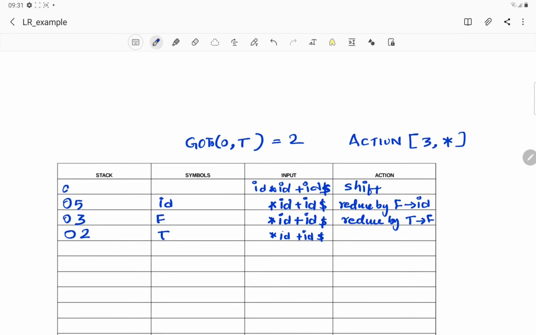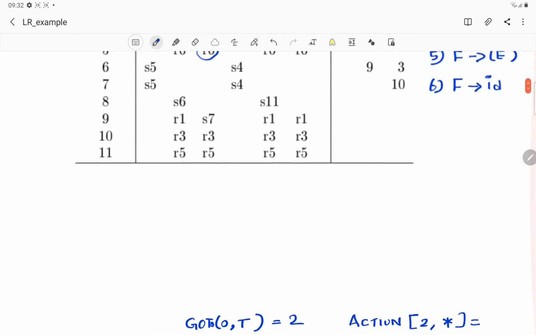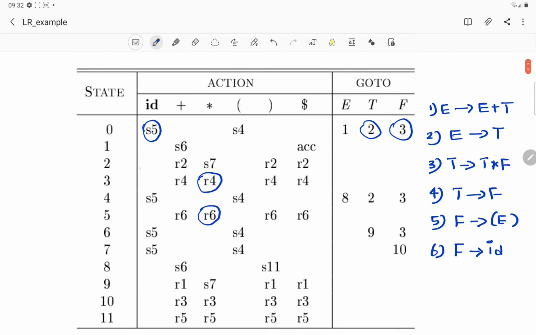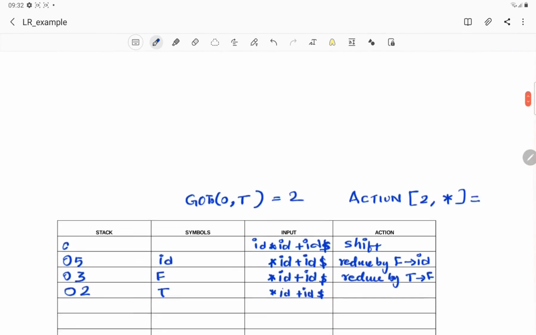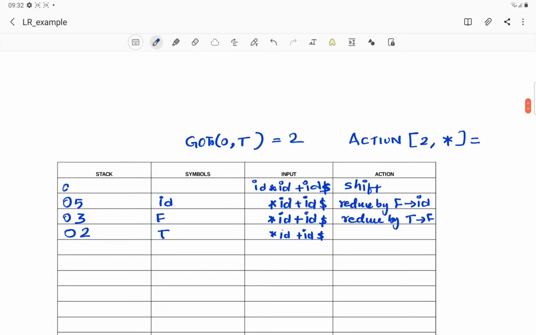So we need to consider action of 2 comma star. Action of 2 comma star is S7, that is shift, and 7 is the next state.